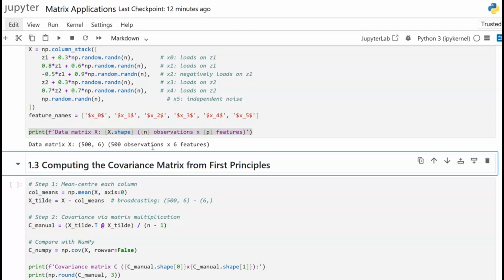So we have created a 500 by 6 data matrix where features x0, x1, x2 share a common latent factor z1, with x2 loading negatively. Features x3, x4 share z2, and x5 is pure noise. So the covariance matrix should reveal this block structure.